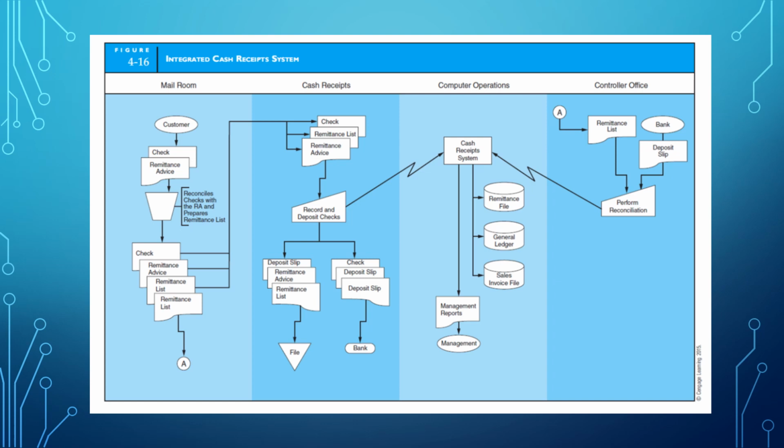In this figure we see the integrated system for the cash receipt system. Here we still have some manual documents and manual processes. But when we update the cash receipt system, it is automated and computerized, with real time updating, including to the controller office.